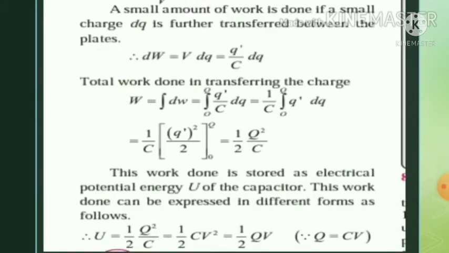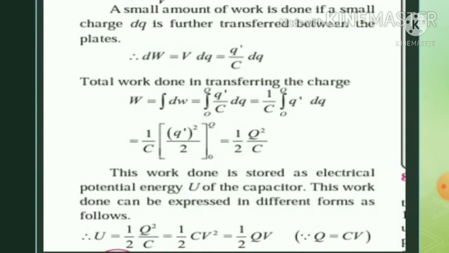Then, a small amount of work done. If a small quantity of charge dq is further transferred between the plates, after obtaining the equation C equal to Q dash upon V, we can further transfer a small quantity dq in the charging process of the condenser.